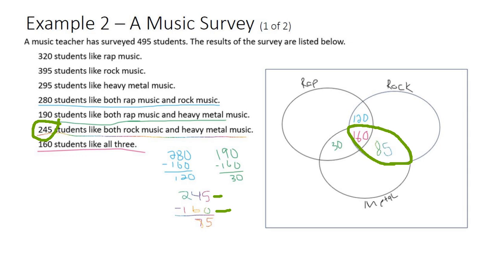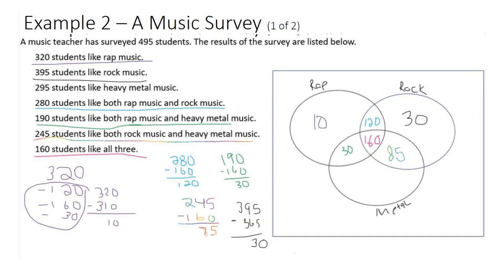So now that we've filled out the intersections, we need to figure out what these parts of our sets are, what these numbers are, okay? So we want to know what this part of the rap circle is, what part of the rock circle is, and the metal circle. And then eventually we'll figure out what's on the outside. Okay, so to do that, we go back to the information. So if we look at the rap, for example, they tell us that for rap, we have 320 students.